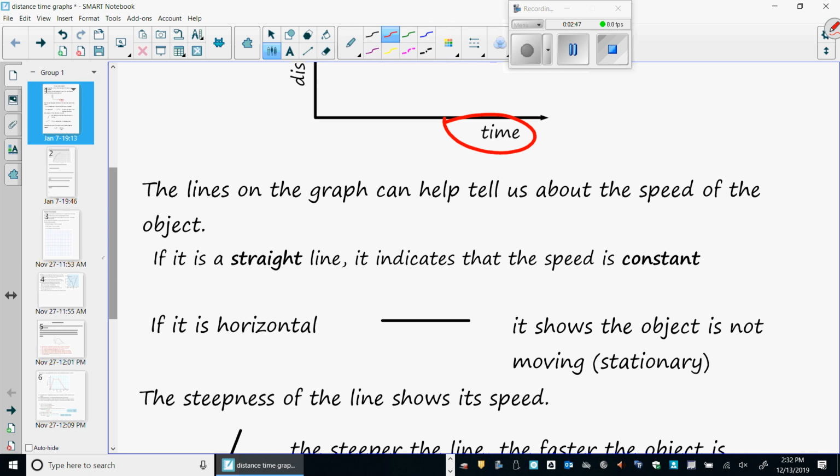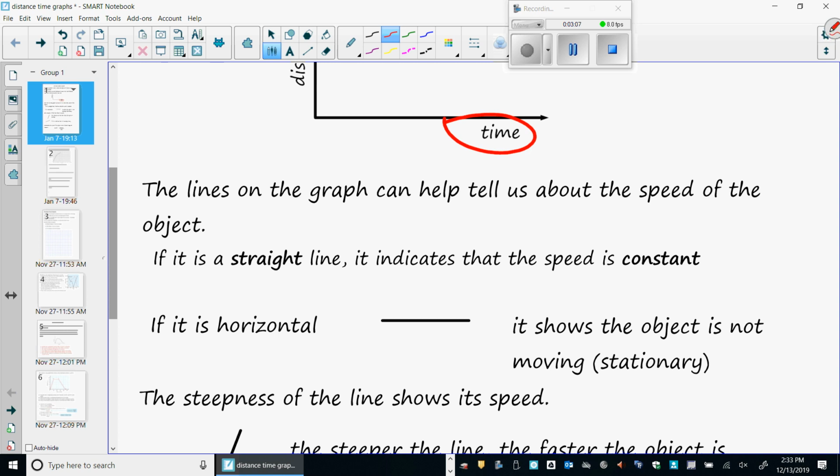But if the graph is horizontal, it means that your object is not moving, it's stationary. This one is stationary with an A, not stationary with an E, which are the envelope terms. Stationary with an E, that's why I always remember it's an E for envelope.